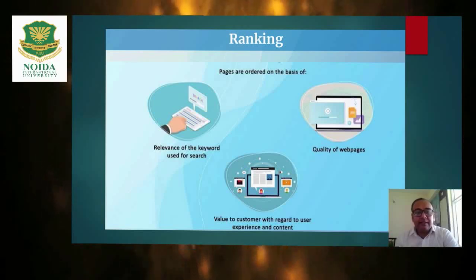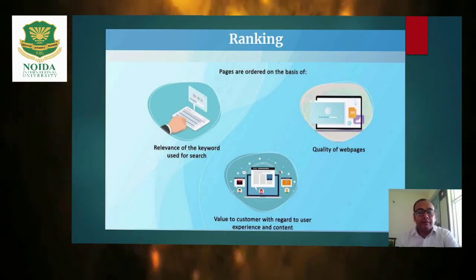If we want to understand ranking in a graphical manner, we can say that the ranking is always based on the relevance of the keyword used for search. The more precise the keyword, the more you can connect to the customers. And the quality of web pages matters too.